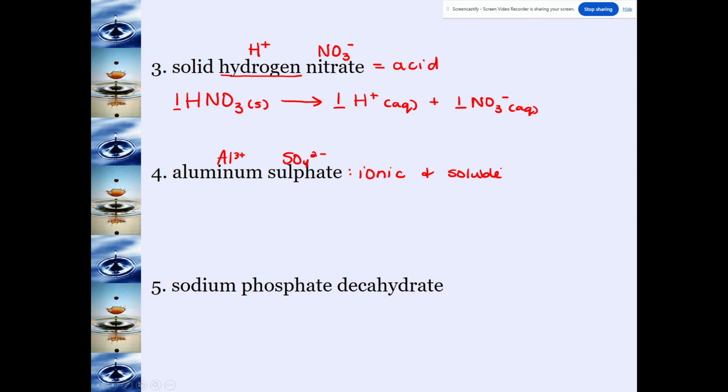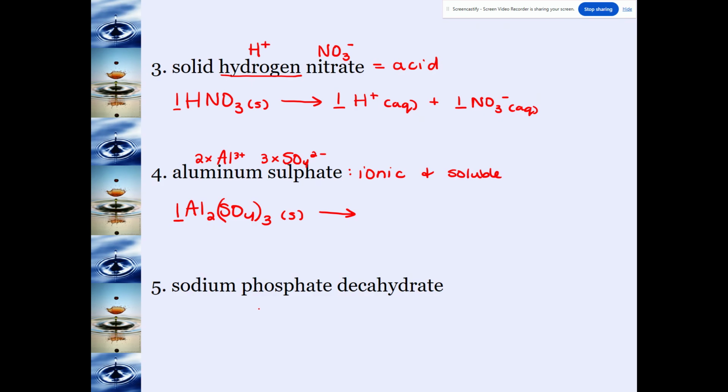So to start, I write the formula of this compound, balancing the ion charges. I have 2 aluminums and 3 sulfates to make them balance. So it's Al2(SO4)3. And again, this is before it's in water. It's starting as a solid ionic compound. All ionic compounds start solid.